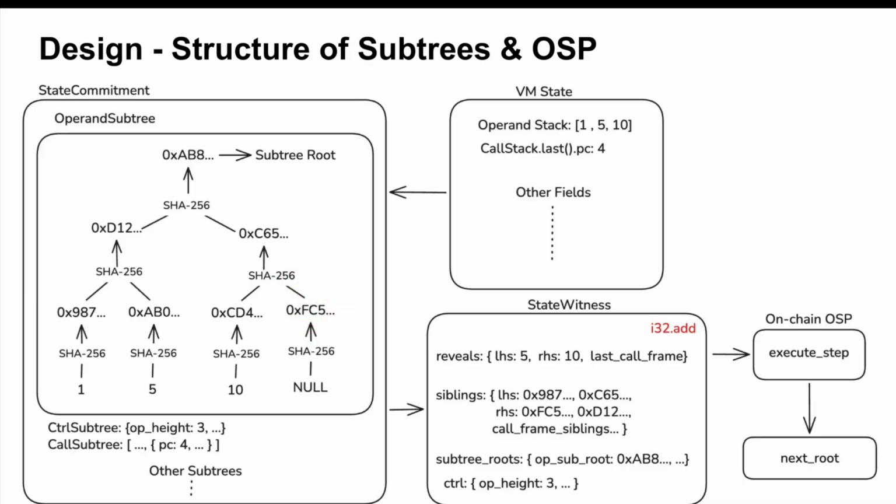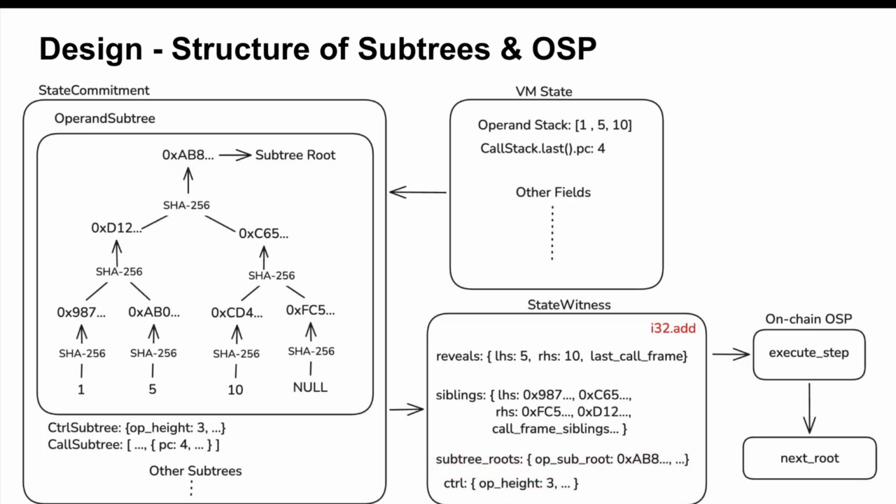These are the proofs of this right hand side, so that these proofs will allow us to verify the membership. Same for the 5, and for the last call frame and the call frame siblings, the same logic, and the other 8 subtree roots.